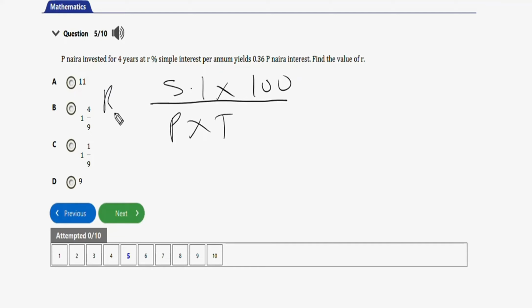That's to get your rate. So let's input the values in this formula.